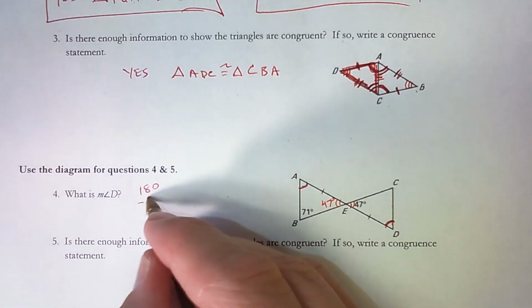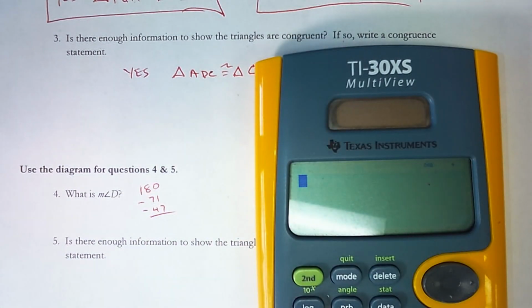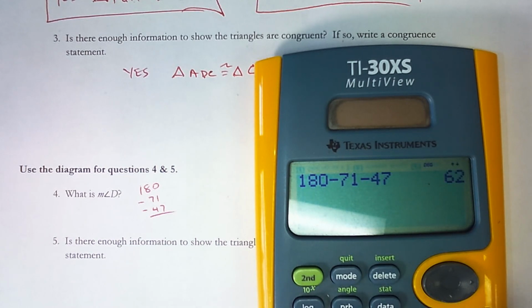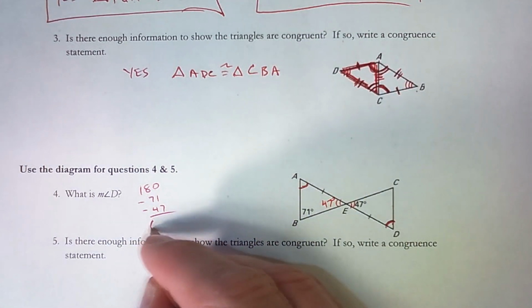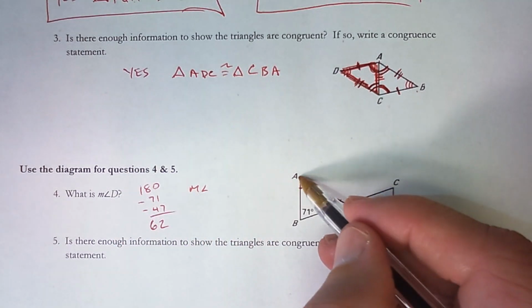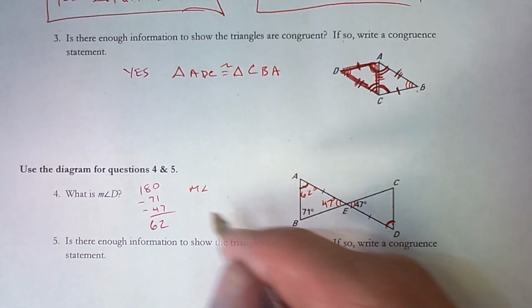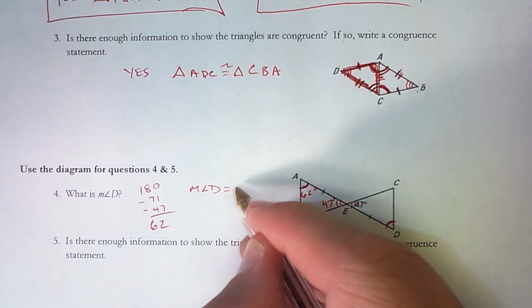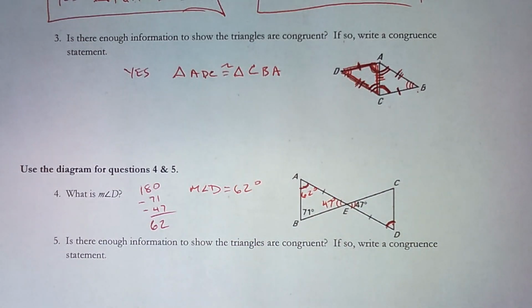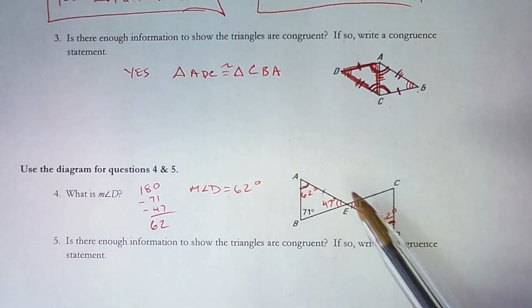So 180 minus 71 minus 47 is 62. So the measure of angle A is 62 degrees. And since A and D are congruent angles, the measure of angle D is also 62 degrees. So I've got 62 here.